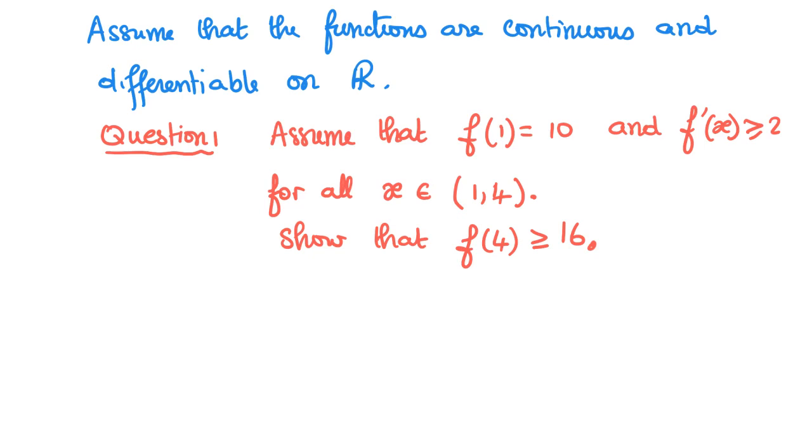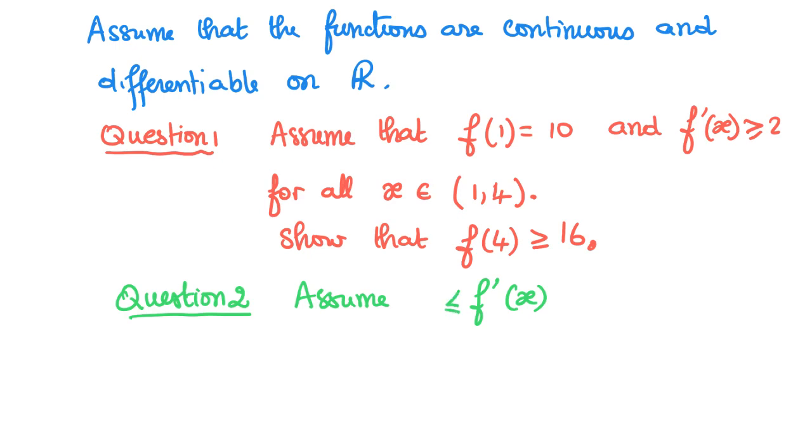Question number 2 will be the following this time. So we assume that f dash of x is between 3 and 5, like this, for all x in the interval, this time, 2, 8.